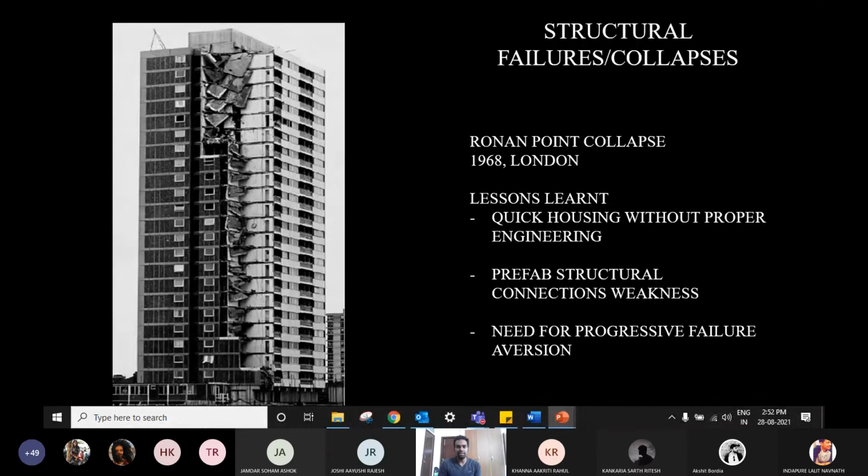So what are the lessons learned from this? You need to analyze everything, like things that could go wrong, because if you are constructing something on a mass scale and it's kind of quick housing, you need to check everything, right? Second thing is prefab structural connection weaknesses were also identified. In this case, the engineering concepts had not been developed so much on how to have very strong connections in prefabricated elements.